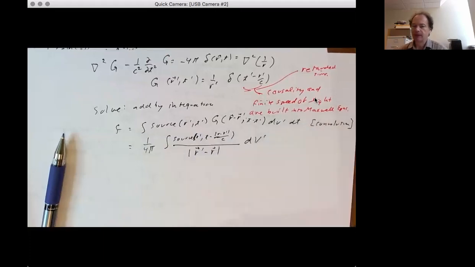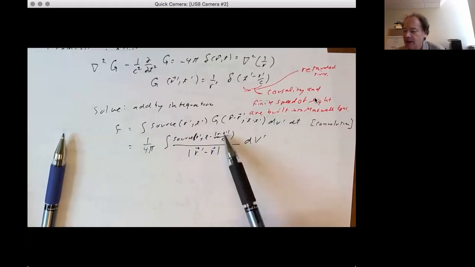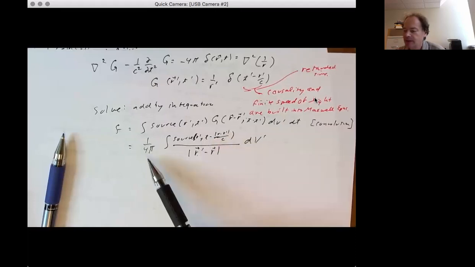So you're integrating over your charge distribution, which is primed here, as a location. It matters where the source is. Your time dependence is driven by the delayed time. Your distance away from it is where you are minus the source position, an absolute value, it doesn't matter which way it is. It's how far. It took time to go there. There it gets your time dependent function for your electric field.